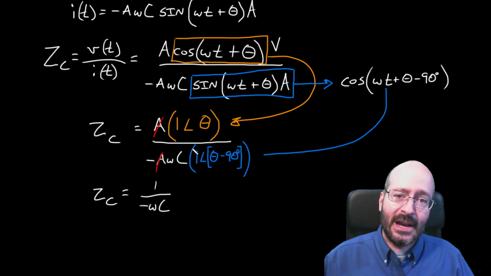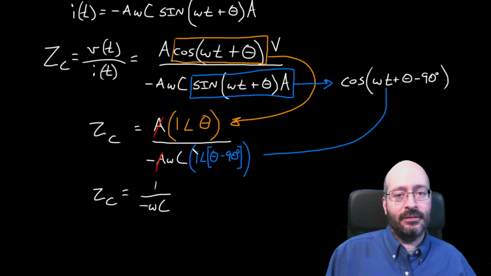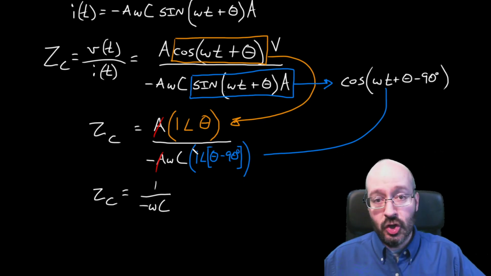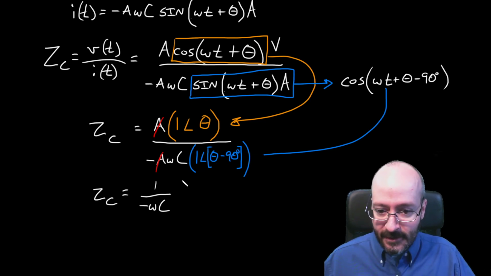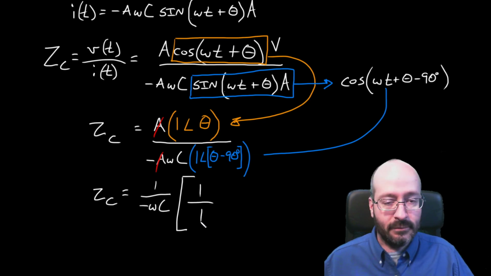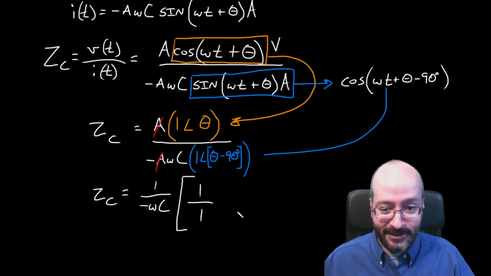We're going to divide the magnitudes, and we're going to subtract the angle of the denominator from the angle of the numerator. So dividing the magnitudes, let's see, we got to get all this up in here, right? So dividing the magnitudes, we're going to have 1 divided by 1. I can do that one in my head.